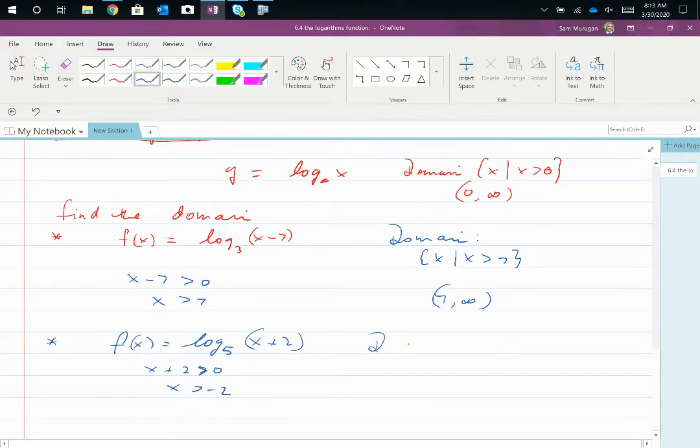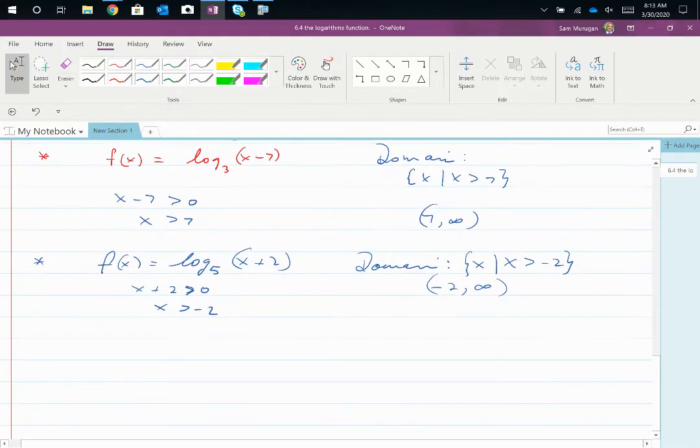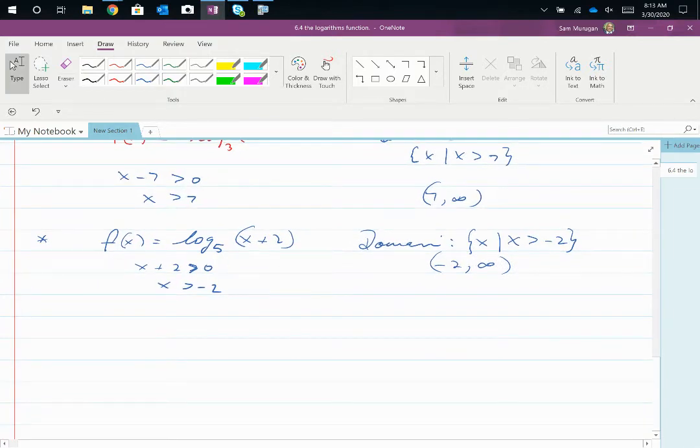Domain, all x greater than -2, or from -2 to infinity. Observe that, again, any number greater than -2 is going to result in a positive number in the parentheses, and we will be taking the logarithm of a positive number.